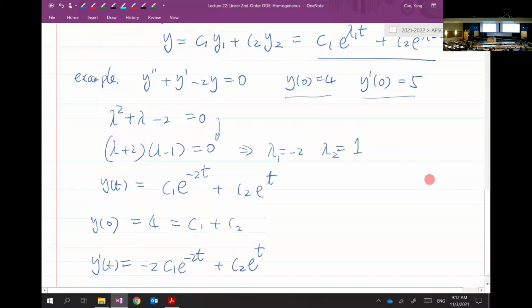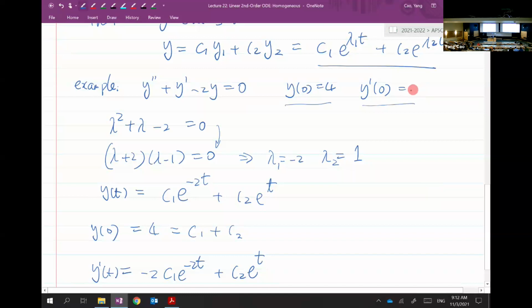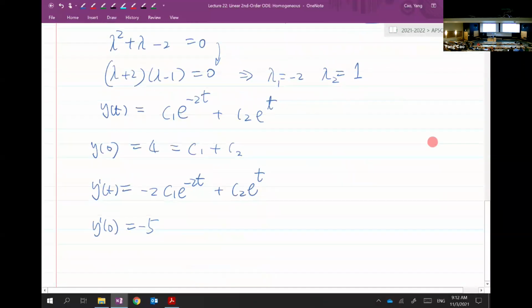Sorry, actually -5. Then you plug t equal to 0 into the derivative term here. You get -2 C1 plus C2 equal to -5. So two equations, two unknowns, solve them, and you get C1 equal to 3, C2 equal to 1.